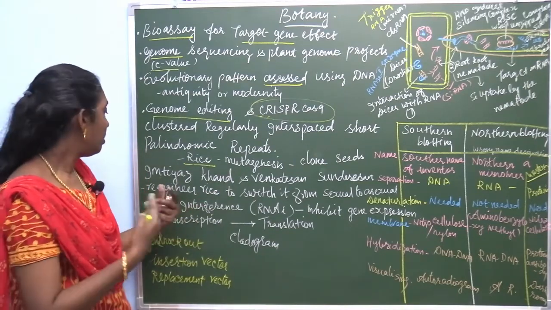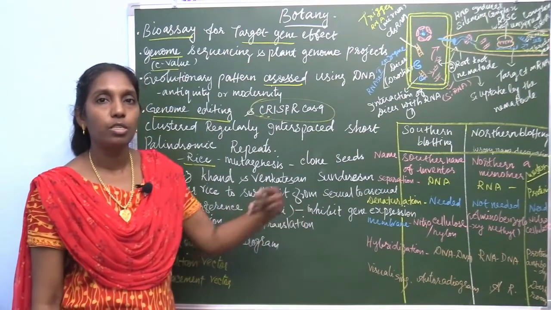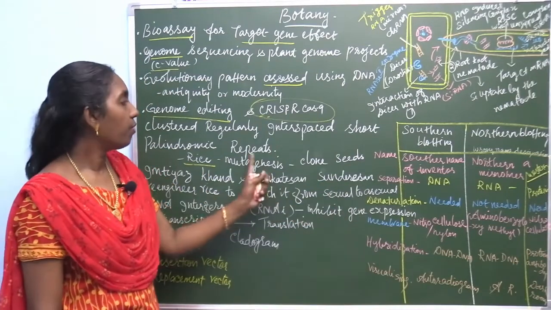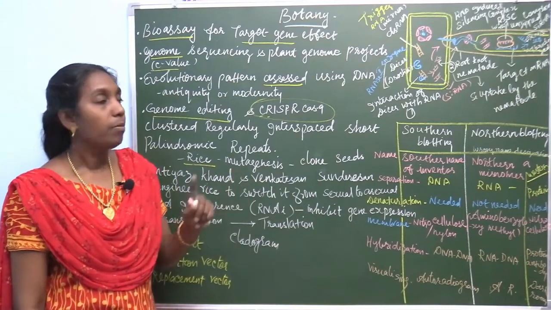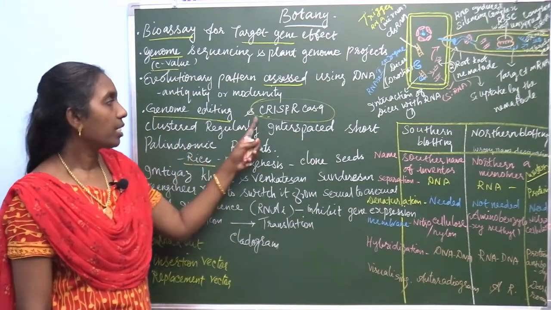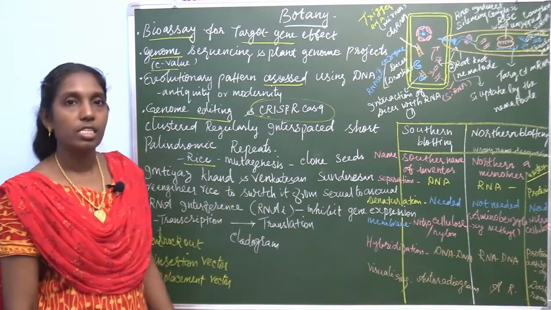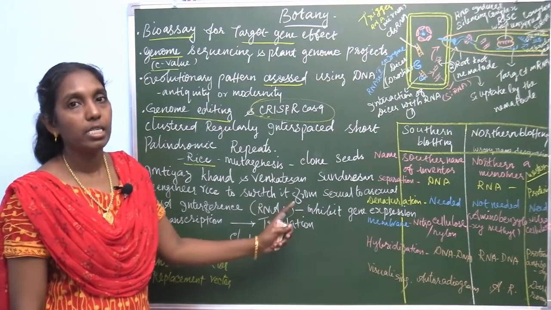It re-engineers rice to switch it from sexual to asexual reproduction. That is the result of their work. So an example of genome editing by CRISPR-Cas9 is mutagenesis rice, which can be cloned by its seed.